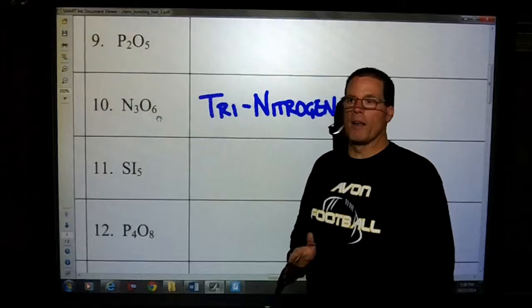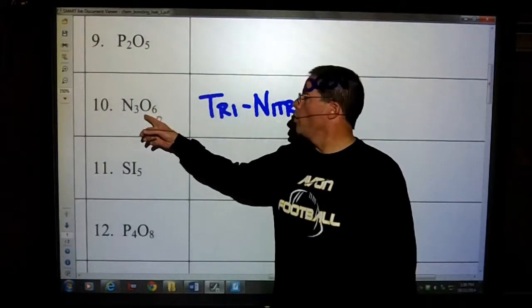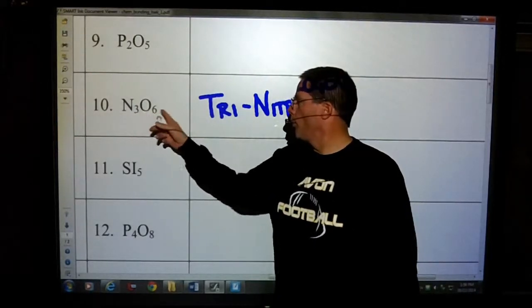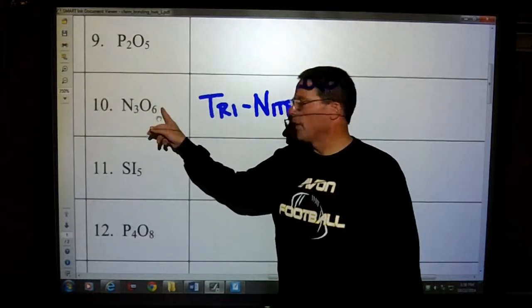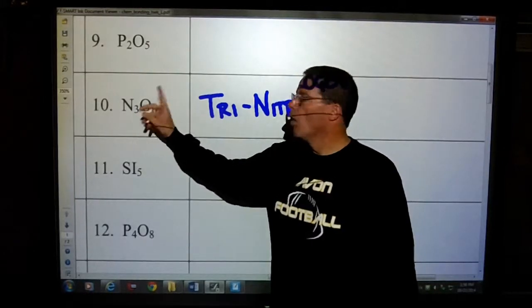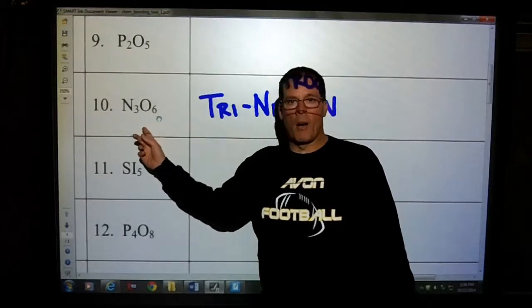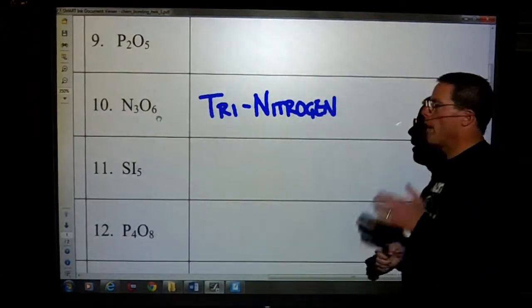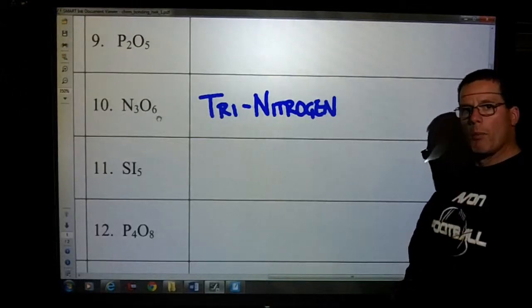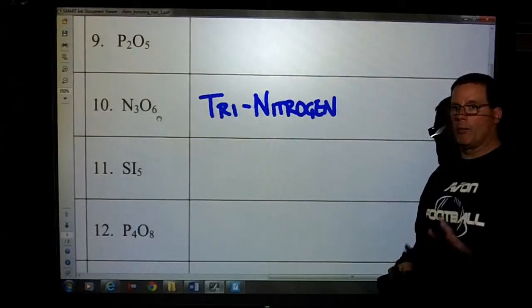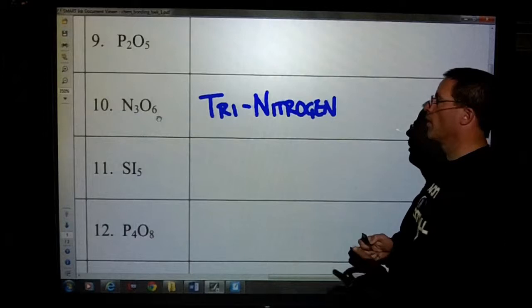We're not talking about it right now. So don't freak out and go, ooh, that could be reduced down, both 3 and 6 can go into 3, to make that an N1O2. We're not doing that. This is what that compound is. So we don't have to worry about reducing those values down. Not with molecular compounds. With ionic, yes, but we're not doing any ionic stuff for a while here.